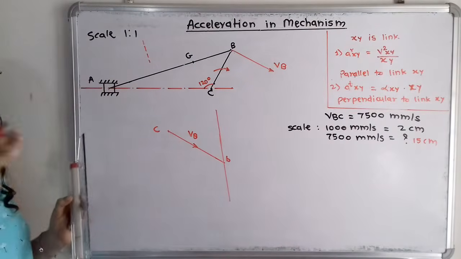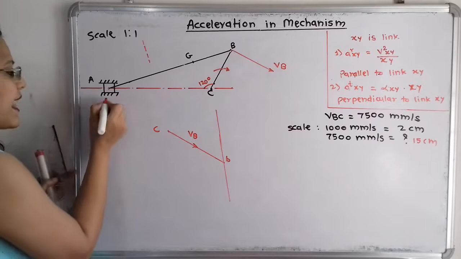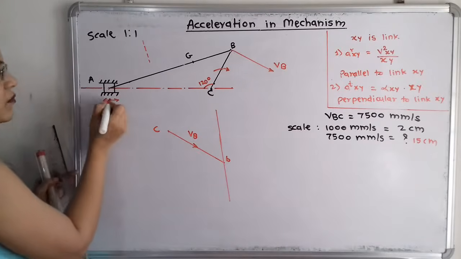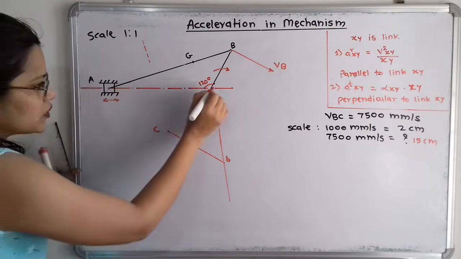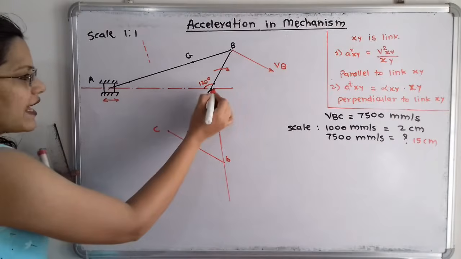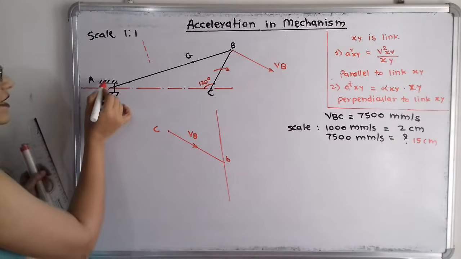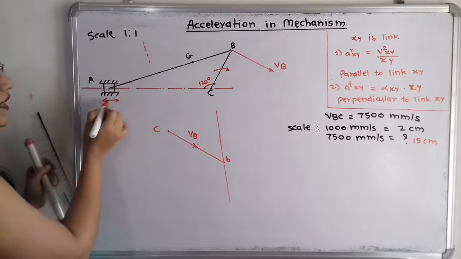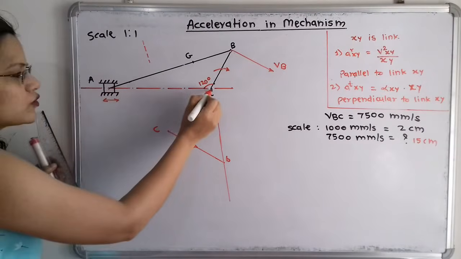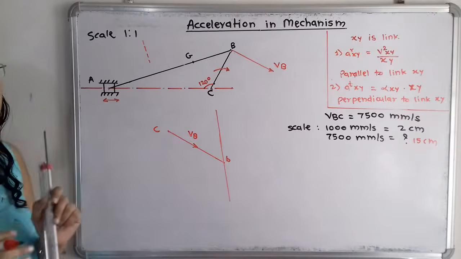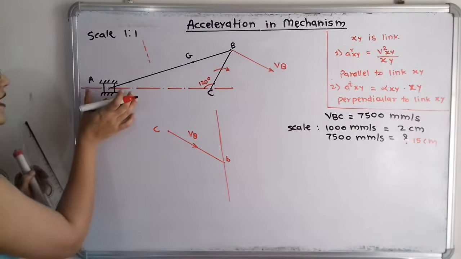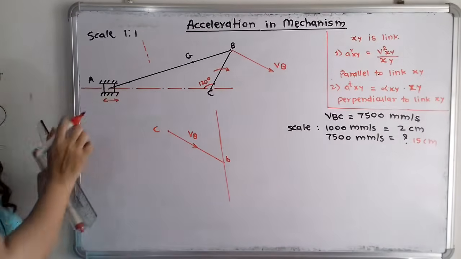At this point A there is the slider, and this slider is having reciprocating motion along the horizontal line, and along this line there is the fixed point C. So we can say that the slider A is having reciprocating motion along this horizontal line which is passing through the point C. So how we can show this motion of the slider?